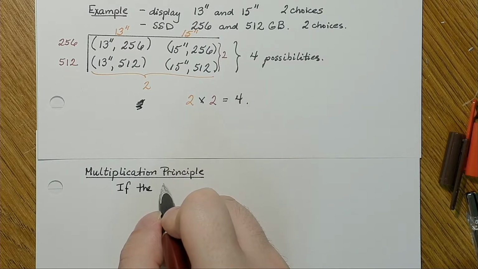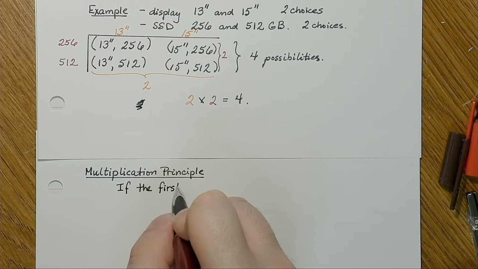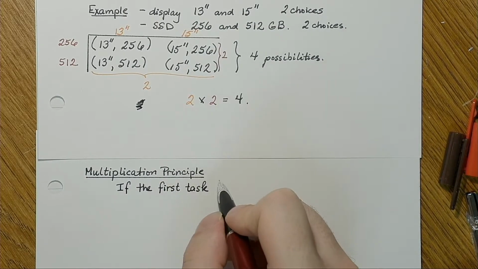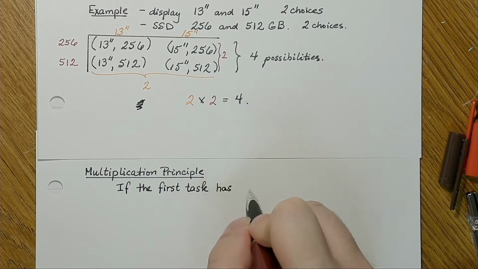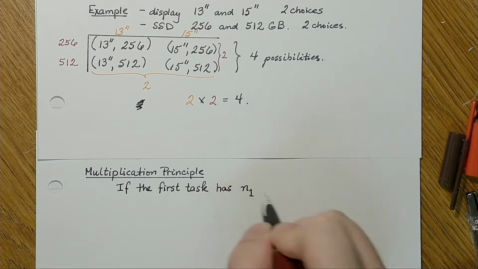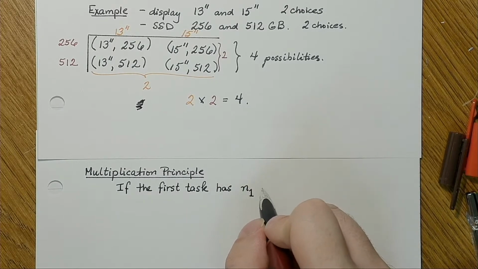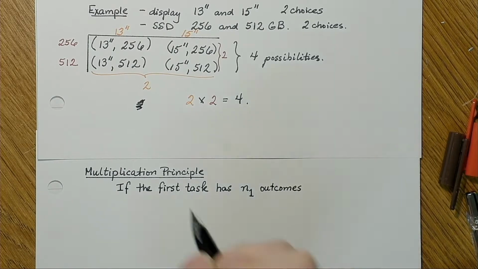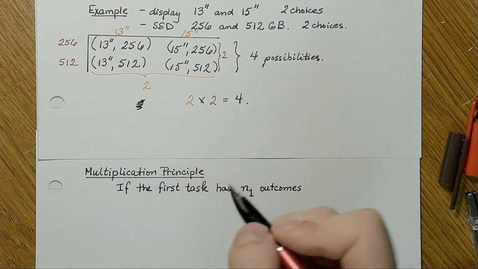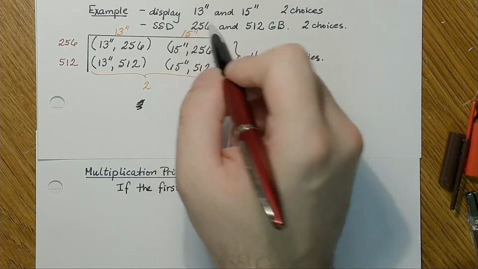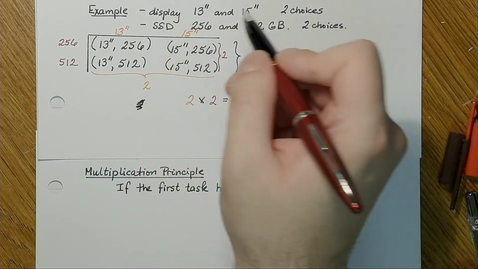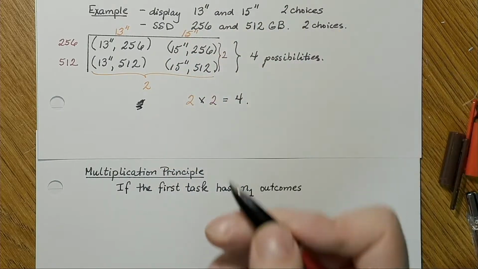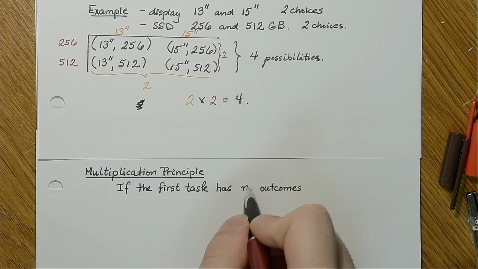If the first, now they say first task. So if I said the first task has N1 outcomes. So again, we're being very general when we're saying task. So for this one, the task could be selecting a display. So the first task in this one would be picking a display, and there was 2 choices. So in this case, it would be 2 outcomes.